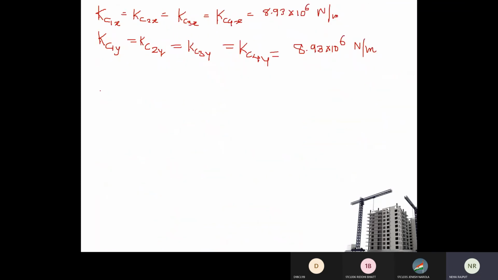Chalo, now coming to the stiffness of the other vertical element, which is the shear wall. Now this is the shear wall which is given to you, and this is 150 mm dimension, and this one is 1500 dimension length. Right, and the orientation is the same like this.